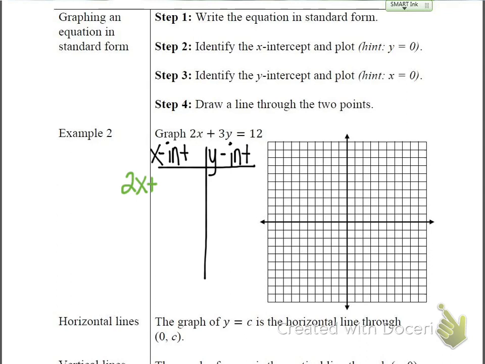So that's going to be plus 0 equals 12, which is 2x equals 12. So x equals what? 6. So as soon as you get x equals 6, I want you guys to plot this. So along the x-axis, go to the right 6 spaces. 1, 2, 3, 4, 5, 6. Okay, that's your x-intercept.